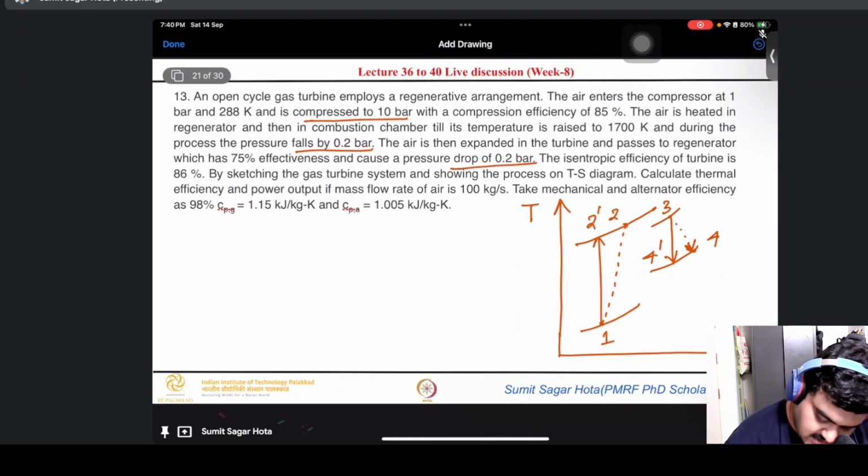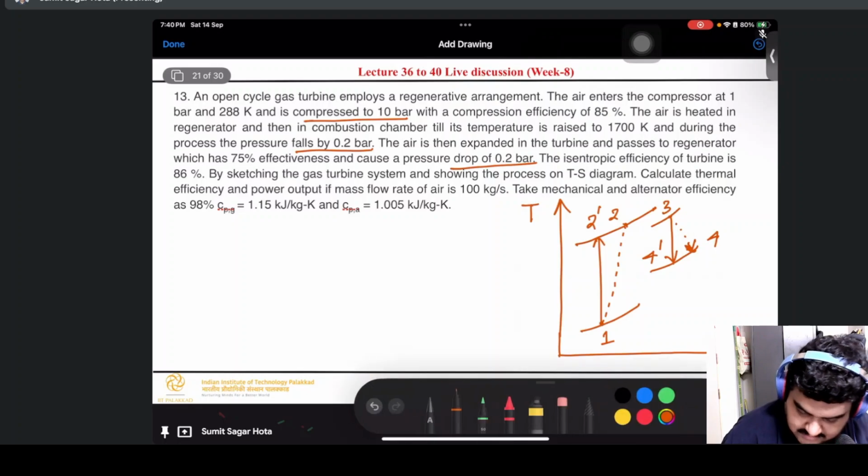The regenerator has effectiveness and causes a pressure drop of 0.2 bar. After 2 there is a point we can rename.